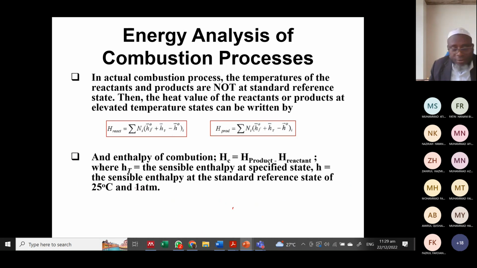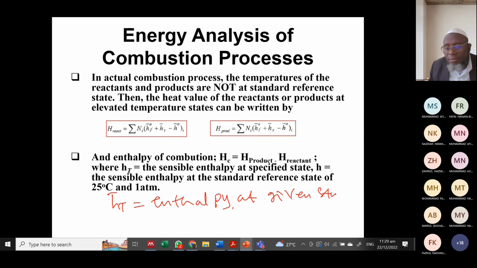You understand me? So it could be enthalpy at a given state, at let's say 30 degrees Celsius, at 40 degrees Celsius, and so on and so forth. Any temperature apart from 25. You understand? That's the enthalpy.